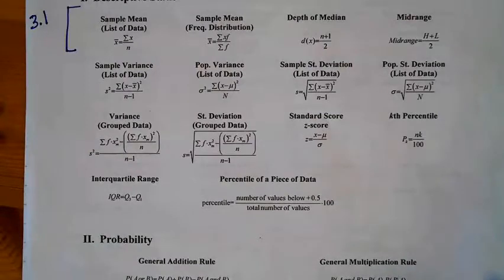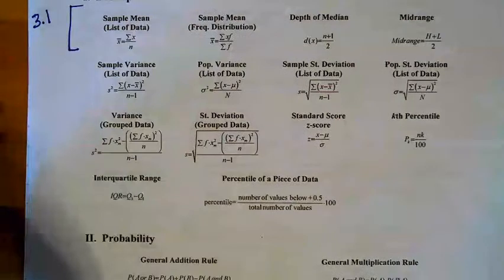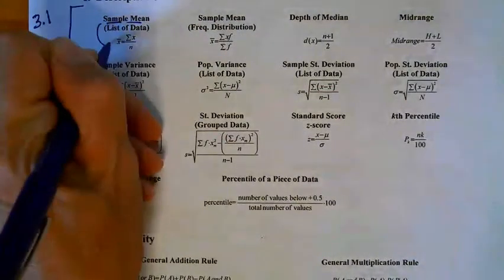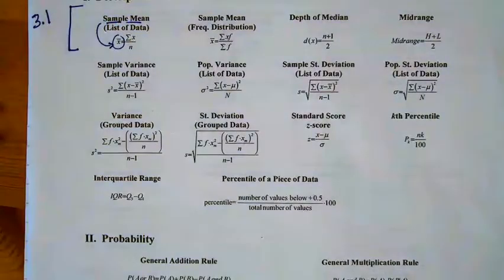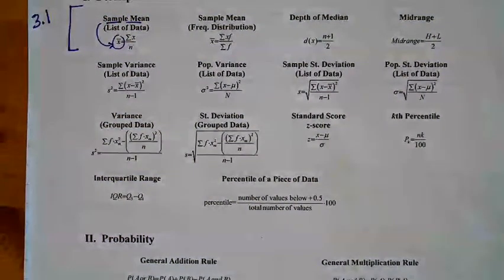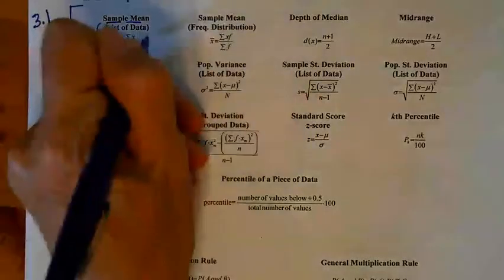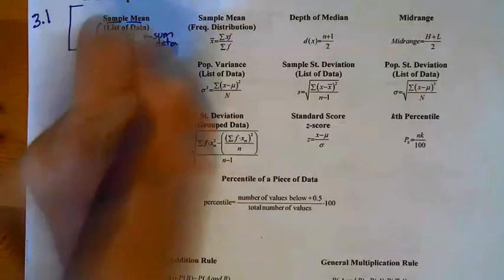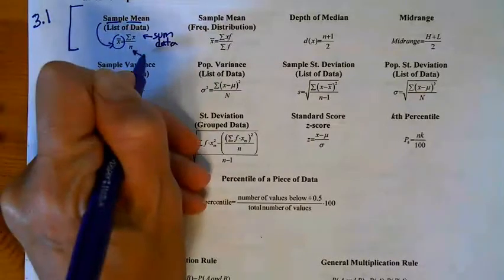You always have this. The first one just says sample mean for a list of data. So just knowing what this says to find the sample mean. It doesn't have the mu on here, but this says you're going to sum the data, and then down here divide by the total number of data.